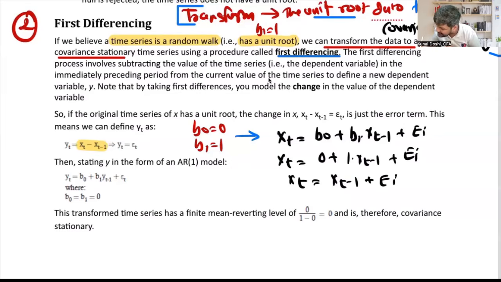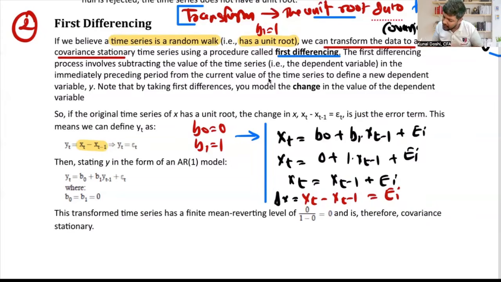Therefore, I can say xt minus xt minus 1 is nothing but error. Everyone in the class, this is what the conclusion will be, right? Okay, now we know that yes, this will be the conclusion. So the error is nothing but the change in x. When I say xt minus xt minus 1, that is the change in x from last year to this year. So see this, what happens, everyone?